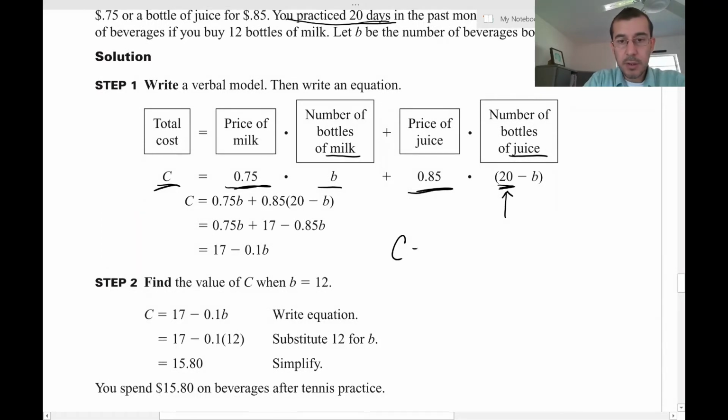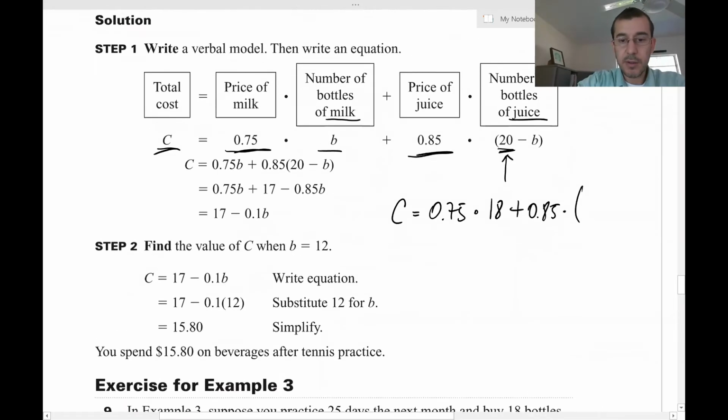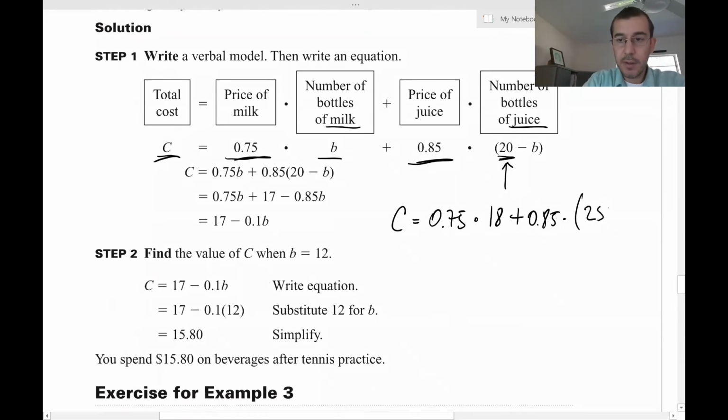So the cost would be 0.75, that's the price of milk, times 18 is the number of bottles of milk, plus 0.85 times now 25 days, right? 25 days you practice the next month, so 25 minus B is now 18, right?